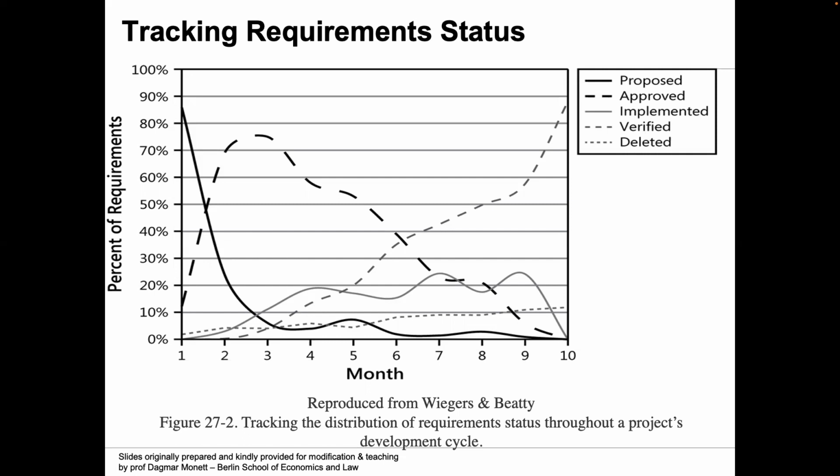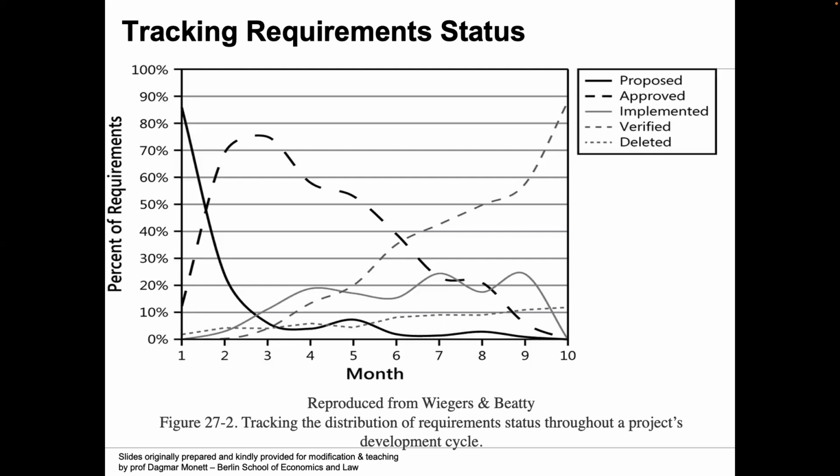On one side you have the months, on the y-axis you have the percent of requirements. So it shows the percent of all the system's requirements having each status value at the end of each month.